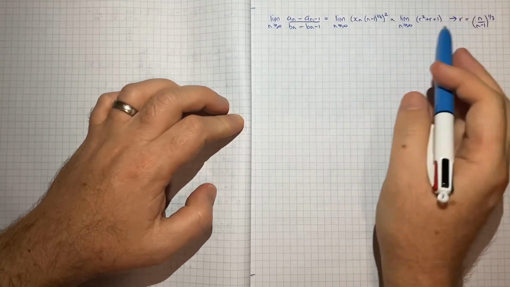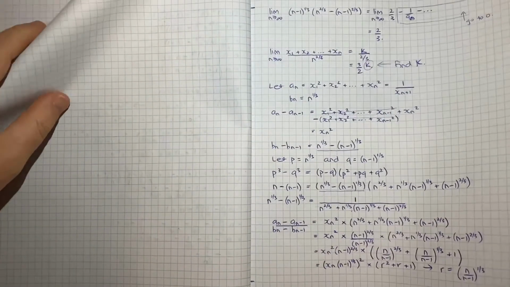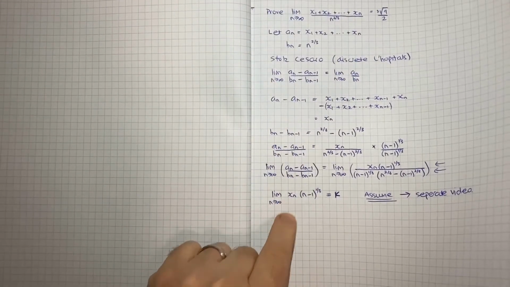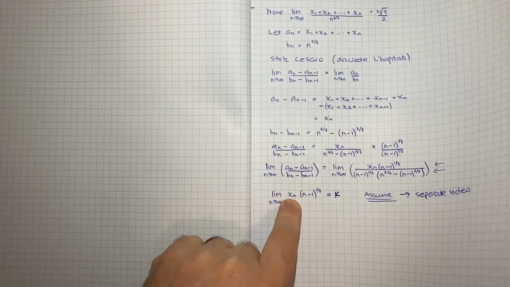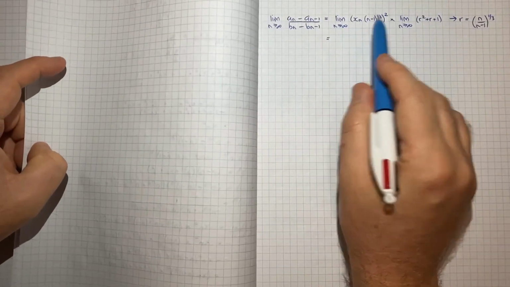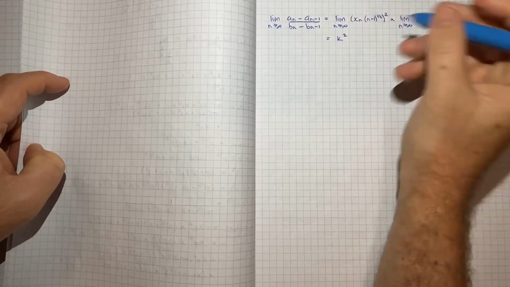So now, in terms of simplifying this, you may remember, right back at the beginning, we assumed that the limit as n goes to infinity of x_n, n minus 1 to the third is equal to k. So here what we're dealing with is k squared times.